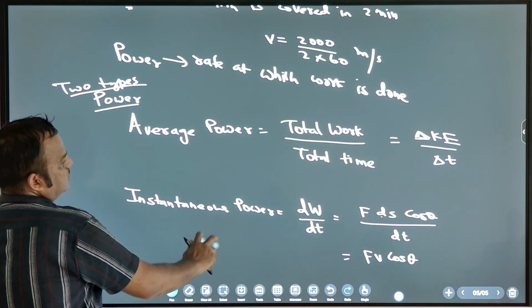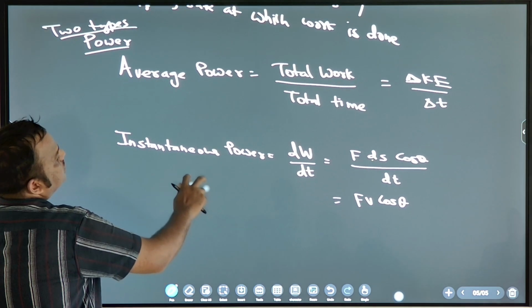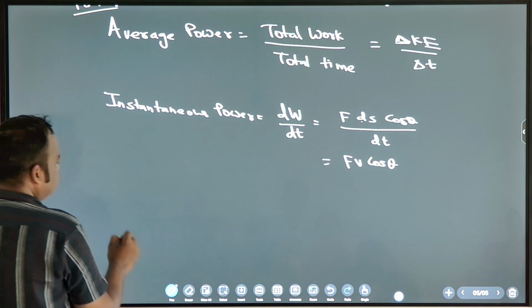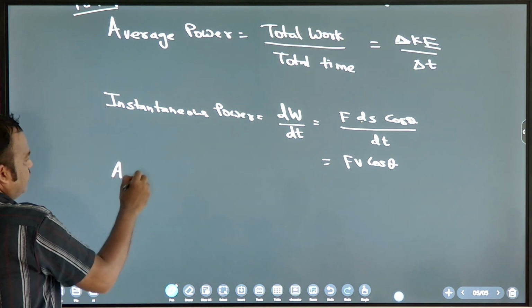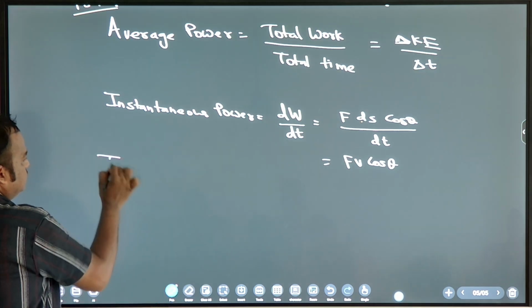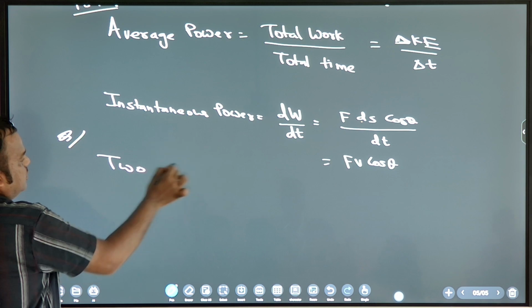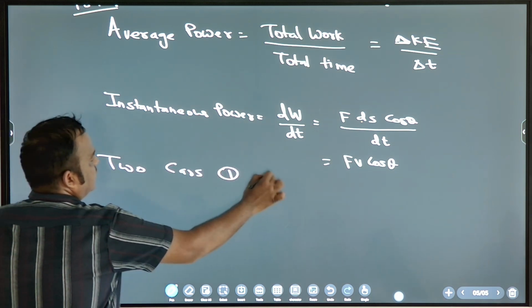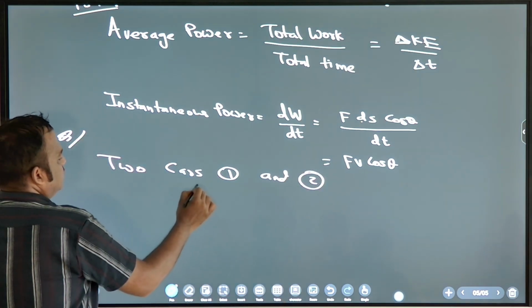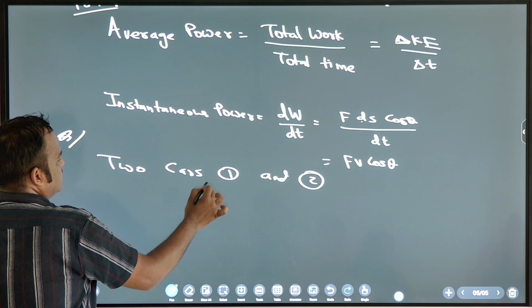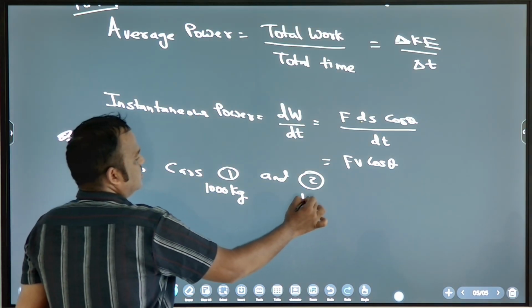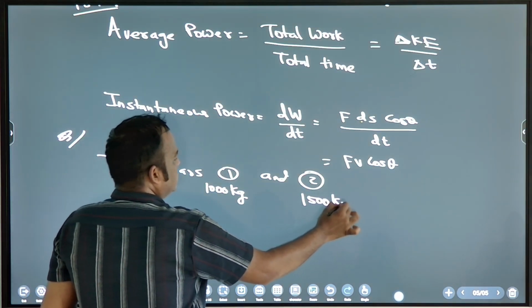So let's do one question based on this. Two cars are there, one and two. The mass of car one is, say, 1000 kg. The mass of the second car is 1500 kg.